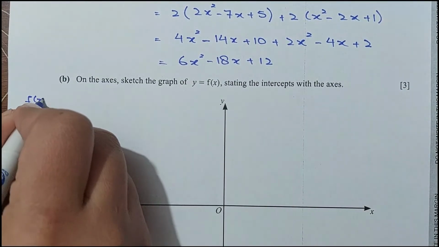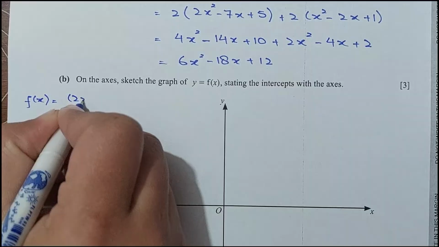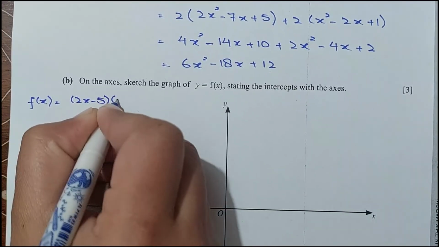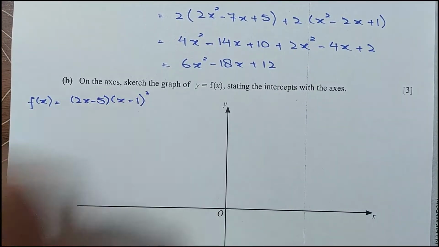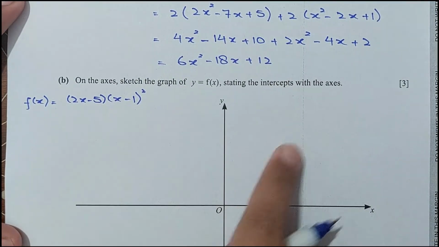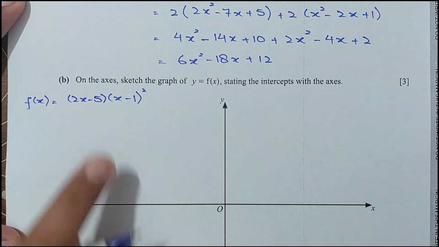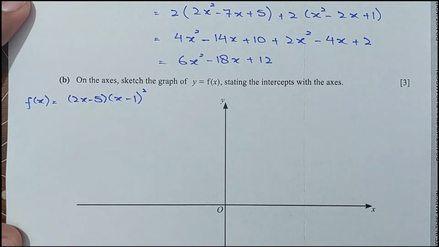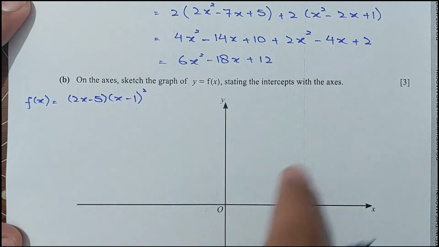f of x equals (2x minus 5)(x minus 1) cubed, right? So it's a cubic polynomial. The graph extends from first to third or second to fourth quadrant. Leading coefficient is positive, so the graph extends from third to first quadrant.